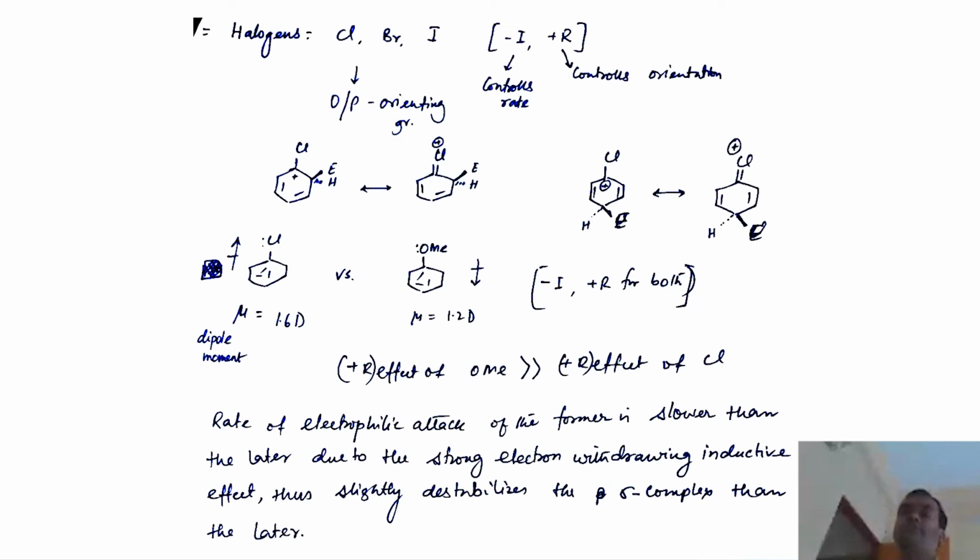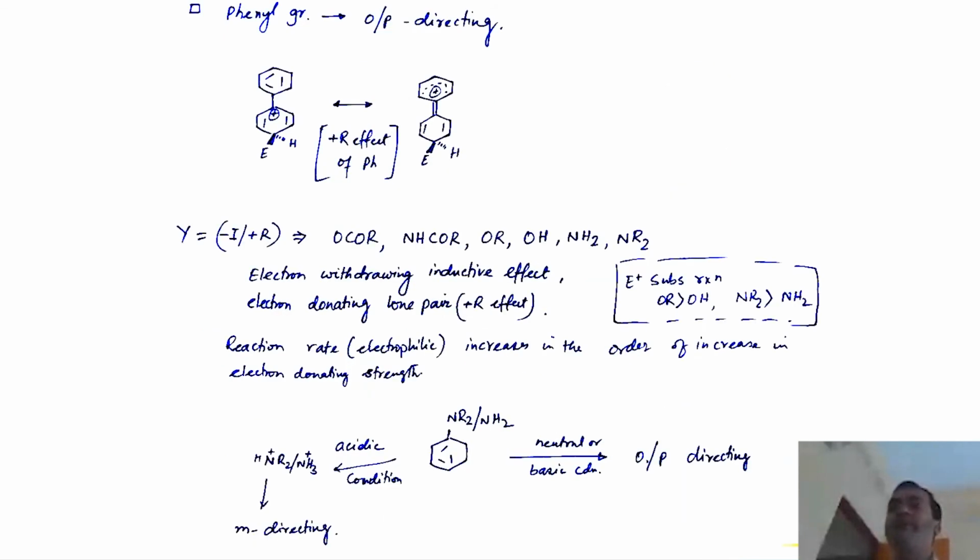Now for halogens. Halogens also have a minus I and plus R effect. In this case, your plus R effect will most of the time overpower the minus I effect.